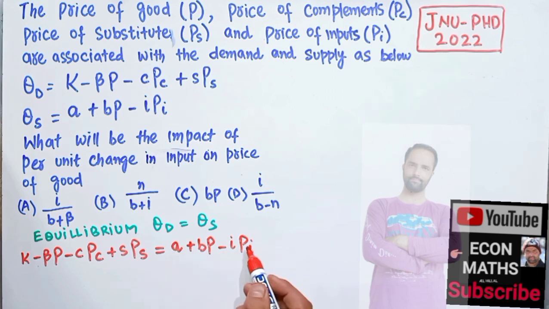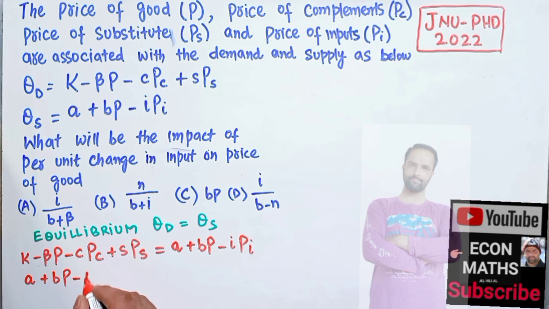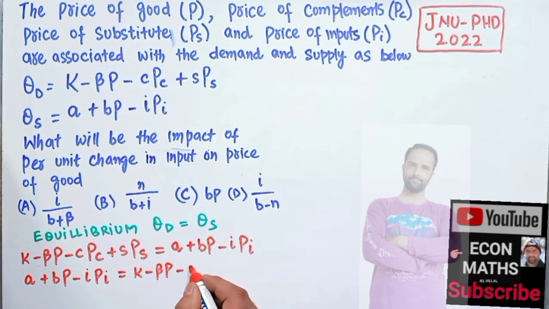Let me first write this on LHS and this on RHS to make more sense. So we have A plus BP minus IPI is equal to K minus beta P minus CPC minus SPS.